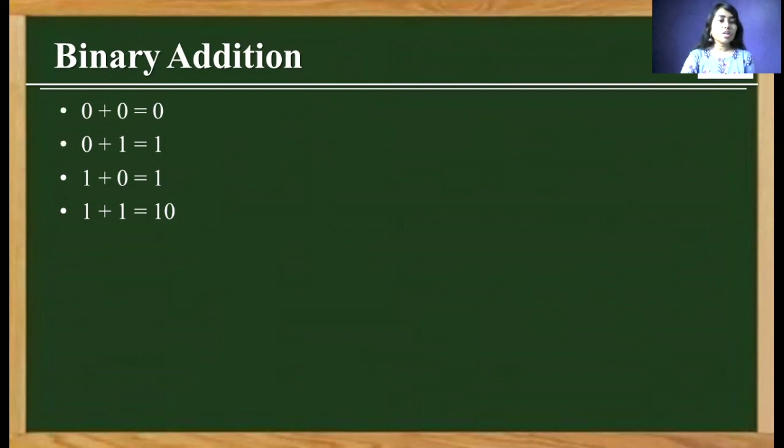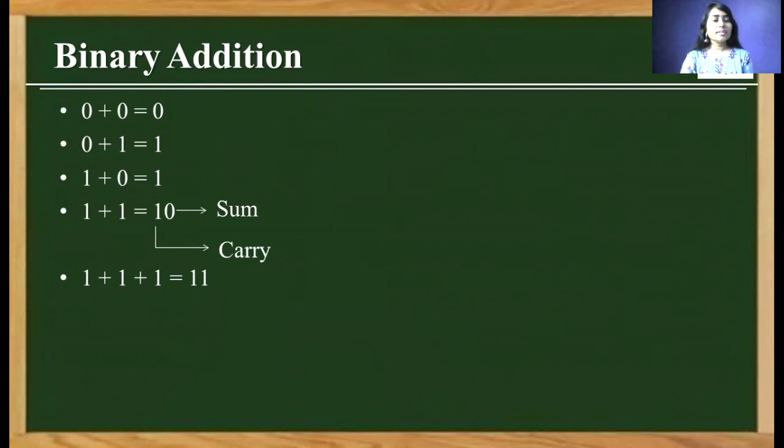Here 1 plus 1 is equal to 1, 0, in which this 0 is the sum bit and this 1 is the carry bit. Now next, if we have 1 plus 1 plus 1, then we have an answer 1, 1.